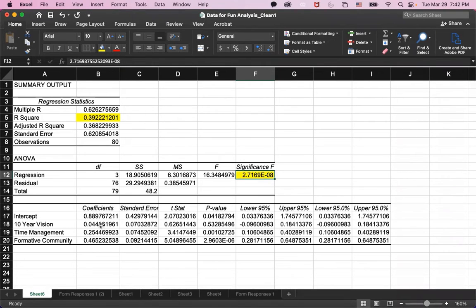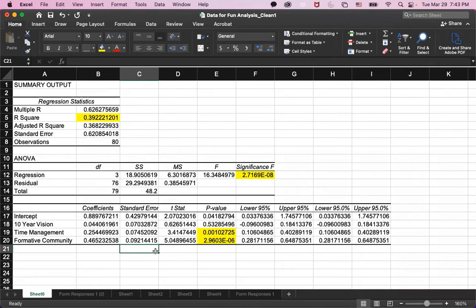Now I'm going to go to 10-year vision, time management, formative community. And guess what? I do not see 10-year vision as an important variable. It's not significant. When you ran them all together, it's greater than 0.05.